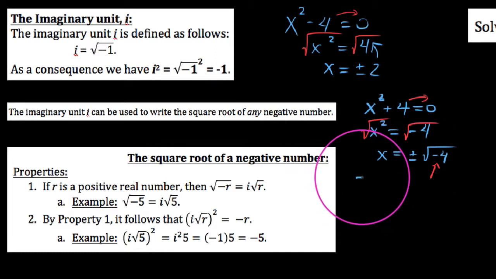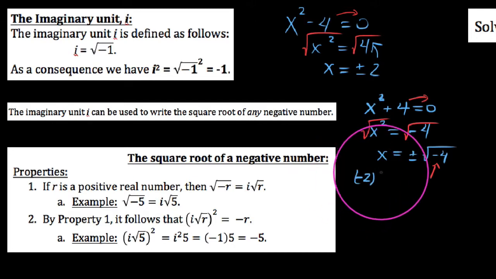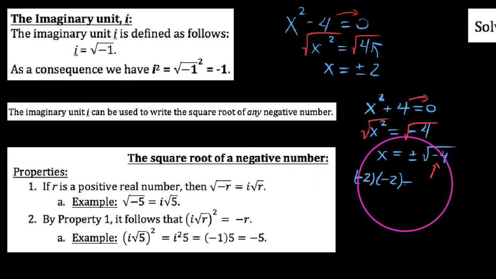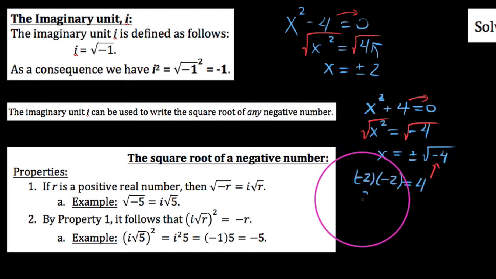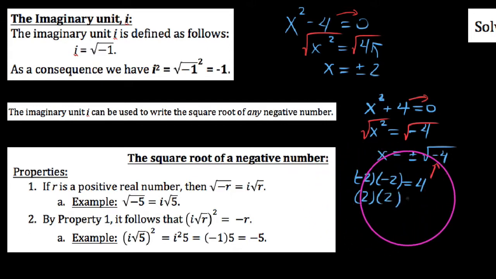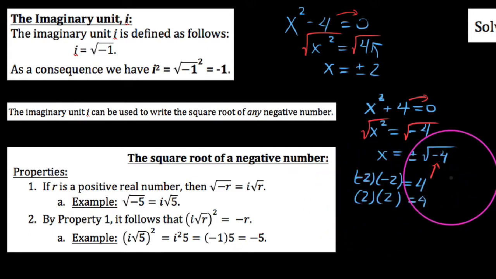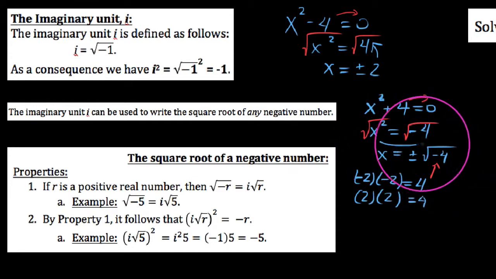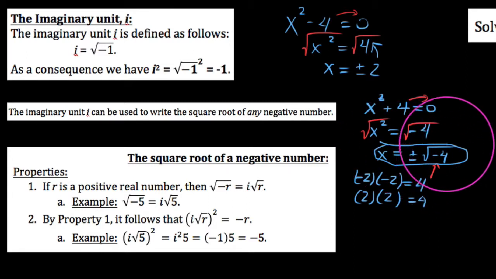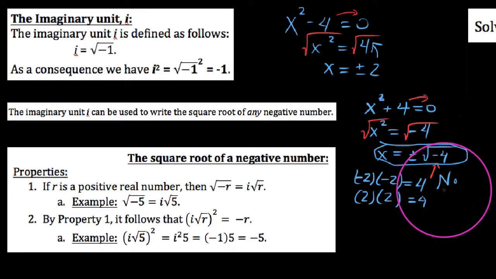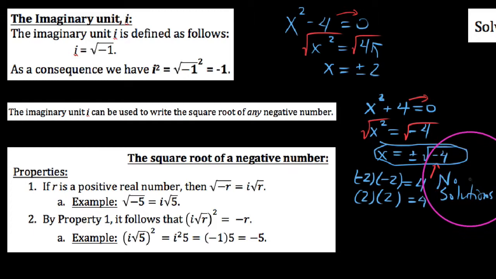You need to recognize that if you were to take a negative 2 times a negative 2, you'd still get positive 4. And if you were to take a positive 2 times a positive 2, you'd get 4. The bottom line is there's no number that exists that you could take times itself to get a negative 4. And so this right here, prior to this video, we'd say has no solutions. There's no such thing as taking the square root of a negative, until now.